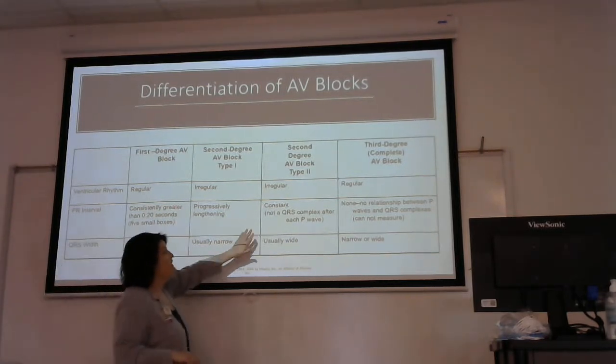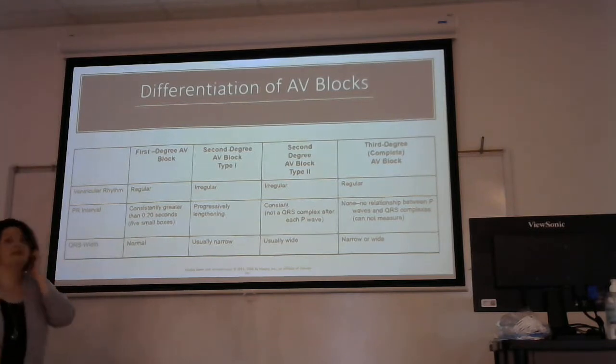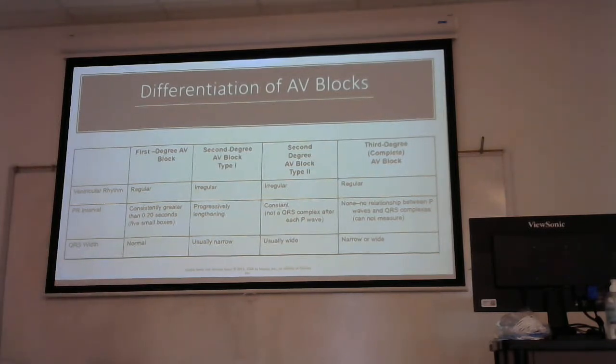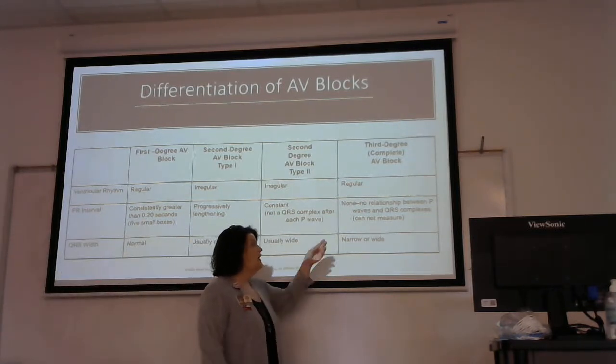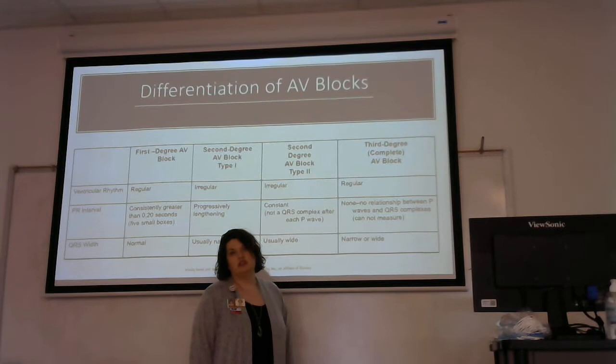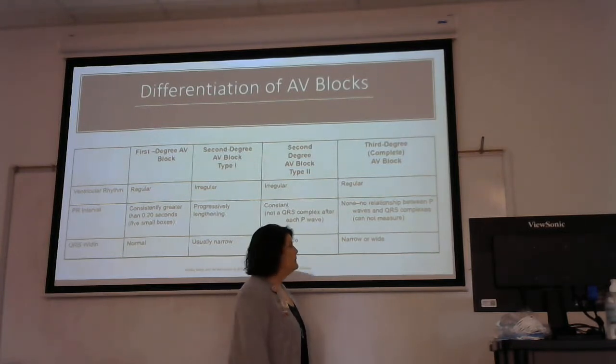In a 2nd degree type 2, your PR interval is consistently the same. Now it could be normal or abnormal, but if that first PR interval you get is, let's say, 0.20, then every other PR interval in that strip should be 0.20. Okay? And then 3rd degree, there's no relationship, so you can't really measure a PR. Okay?